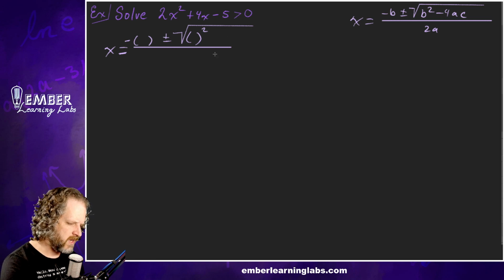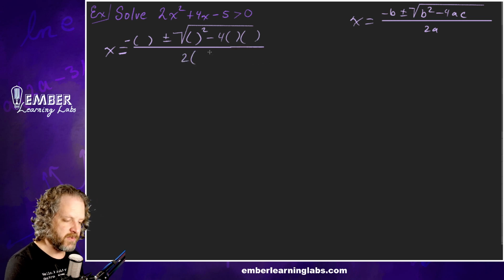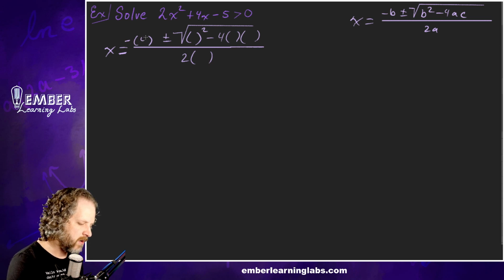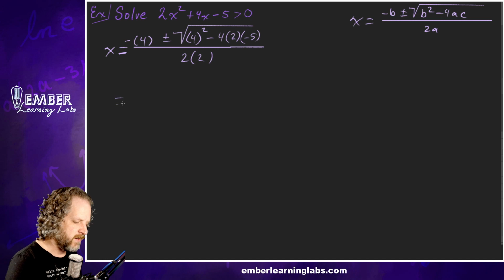Minus 4 times a times c all over 2 times a. We're going to plug in our b. Our b is 4. Plug in our b again, which is 4 there as well. We're going to plug in our a, which is 2, and our c, which is -5, and a again, which is 2.